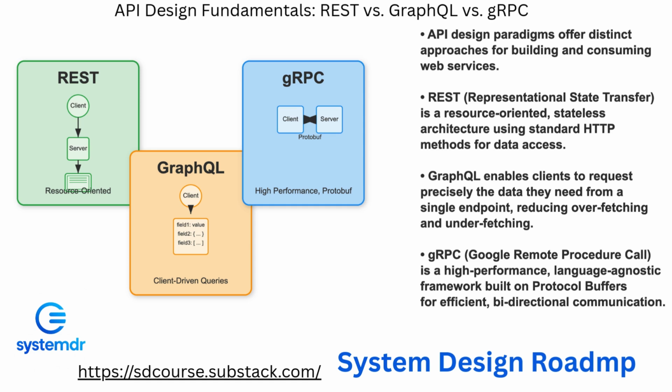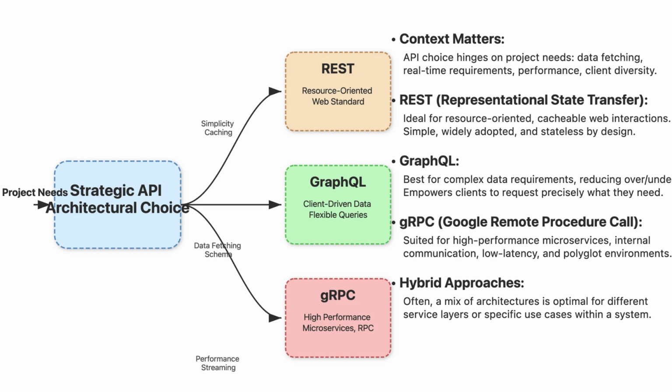We'll dissect their core tenets, practical implementations, and how they truly stand up in production. As illustrated in our API design paradigms, REST, GraphQL, gRPC diagram, each offers a distinct approach to building robust and efficient systems. Let's begin with the ubiquitous standard, REST, or Representational State Transfer.